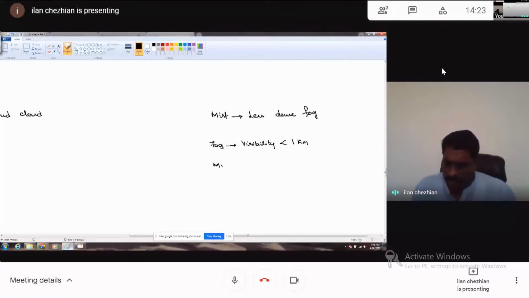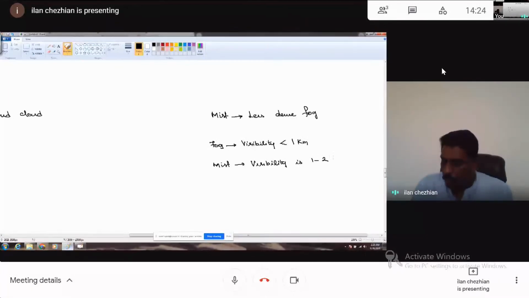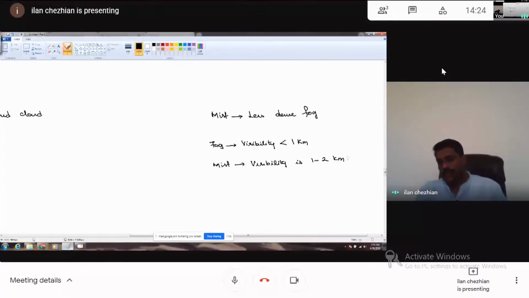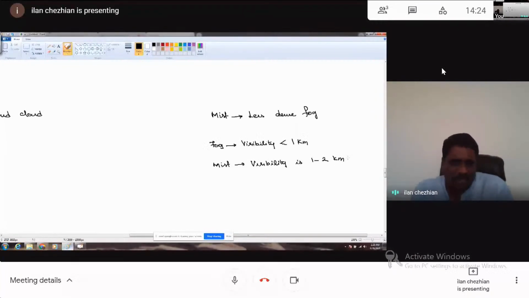Then in a condition like mist, when the visibility is between 1 to 2 kilometers, you call that mist. As simple as that. More than that, you don't call it by any name.